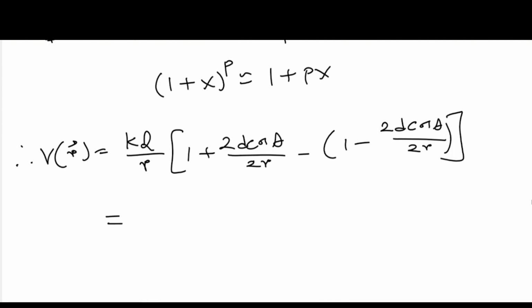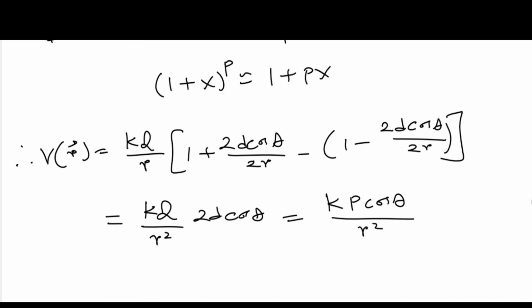We can simplify this and we'll get kq upon r square times 2d cos theta, and remembering the definition of dipole moment, we can simplify this expression further and we can write k p cos theta upon r square, where p is 2qd.